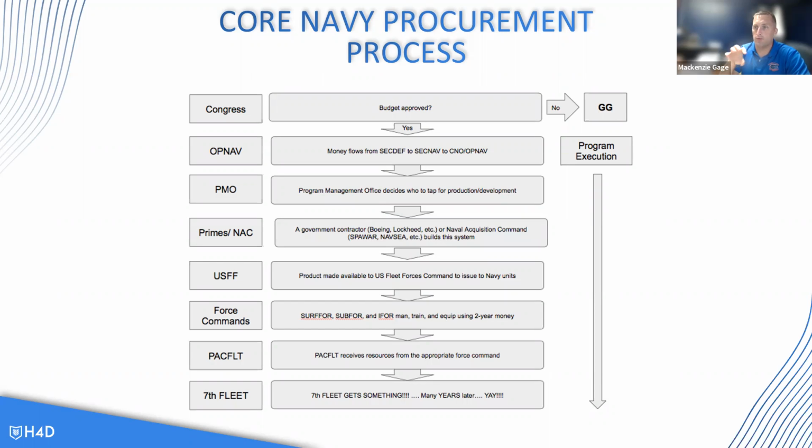So whoever that's going to be is going to involve a bunch of contracting, a bunch of production processes that we're not going to dive into. But when this thing gets built, it's going to be made available to U.S. Fleet Forces Command to issue to these Navy units. Then they're going to figure out how to man, train, and equip it. And then they're going to get it to PAC Fleet so that PAC Fleet can get something done many years later.